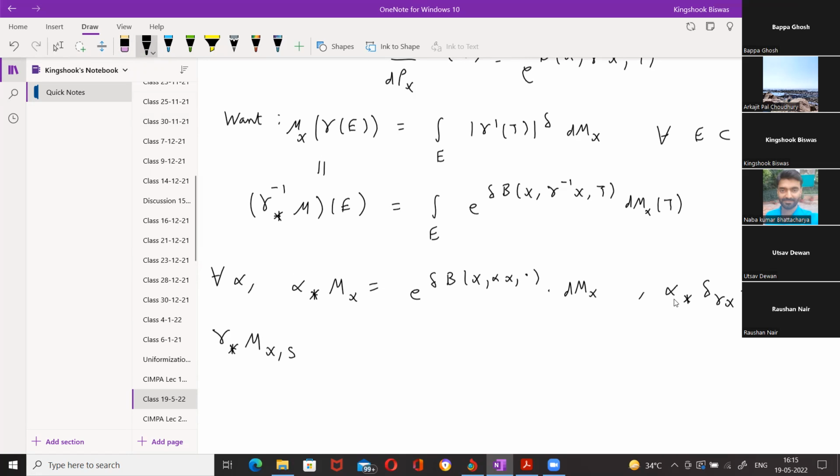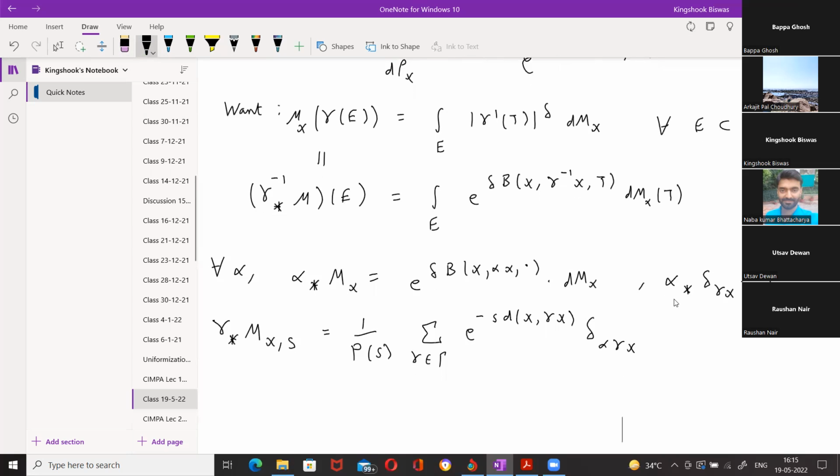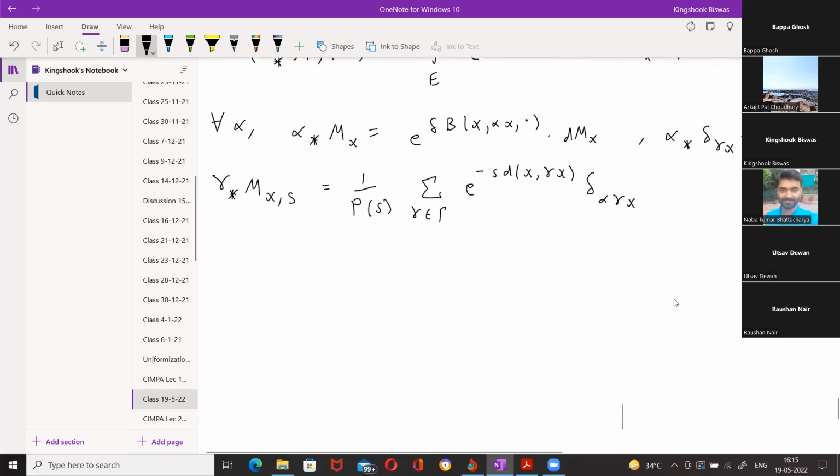Okay. So the push forward will be 1 over P(s), the sum over gamma in Gamma of e to the minus s distance(x, gamma x) times the Dirac mass at alpha of gamma x, right?